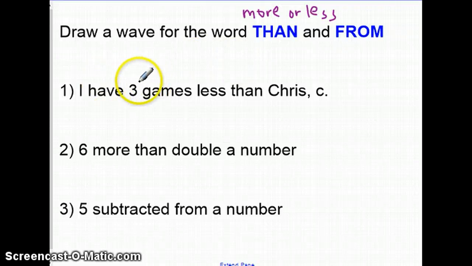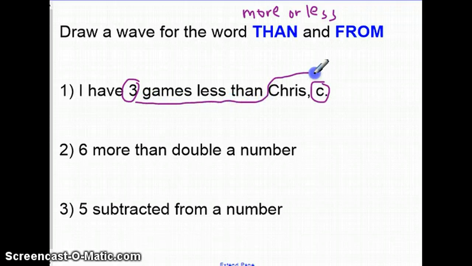I have 3, circle our number, games less than Chris. So less than, we are going to draw a wave. 3 less than Chris. Do you see how it goes a wave? So instead of doing 3 minus C, you're going to do C minus 3.